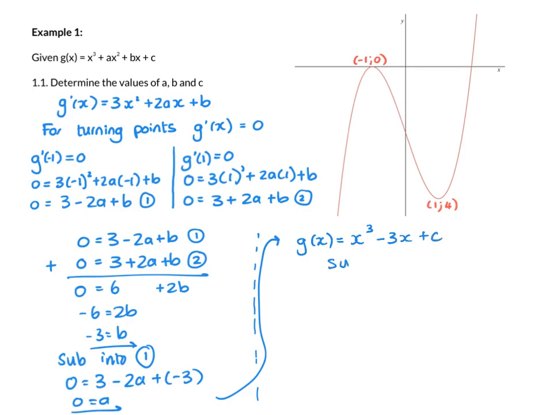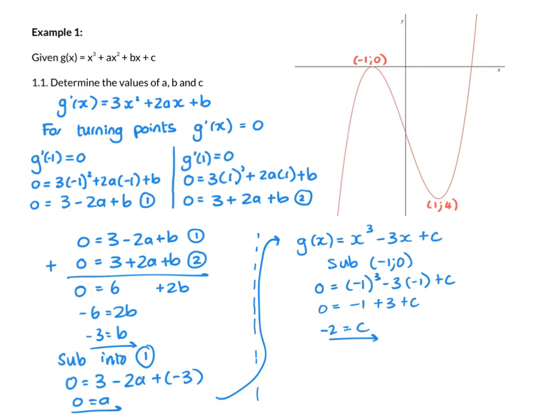So that's the equation of my formula so far, of g of x. I'm going to substitute negative 1 or 0, or I could have substituted 1 and 4, it doesn't matter. And then I can solve for c. And there I find that c is equal to negative 2.